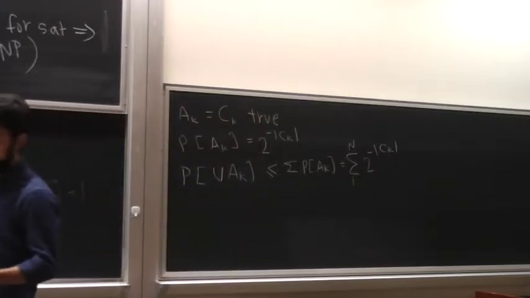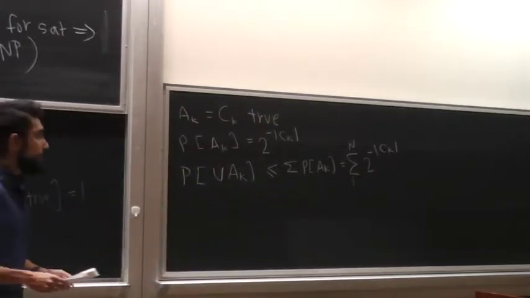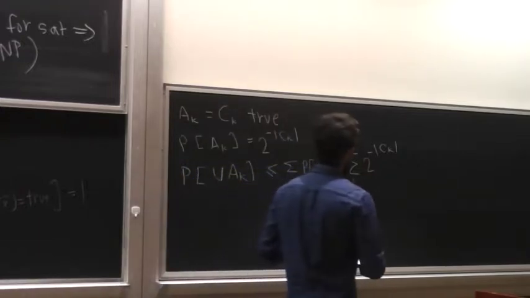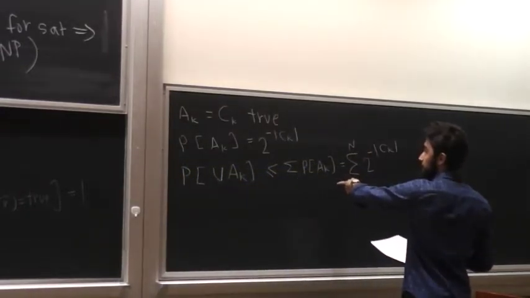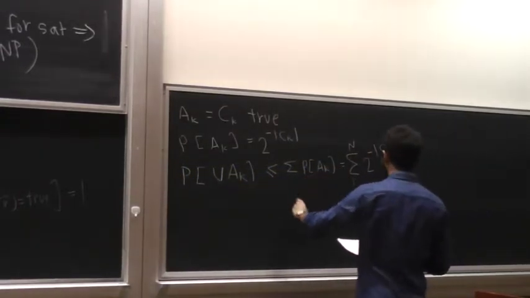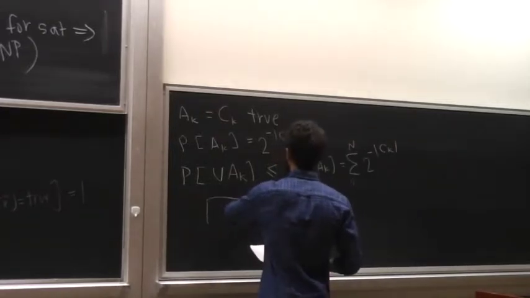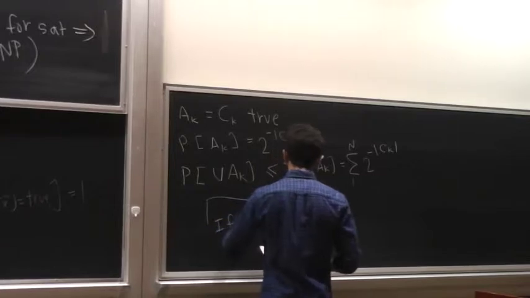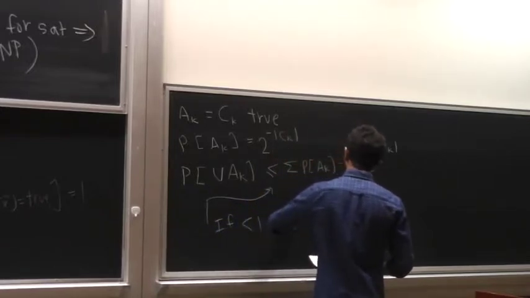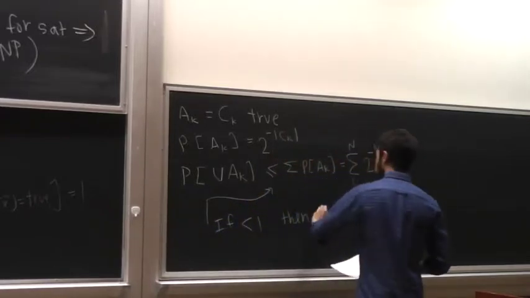Any questions about that? Okay, so already this gives you one criterion to figure out when it is not a tautology. In other words, if this is less than 1, then there's no way this is going to be a tautology.